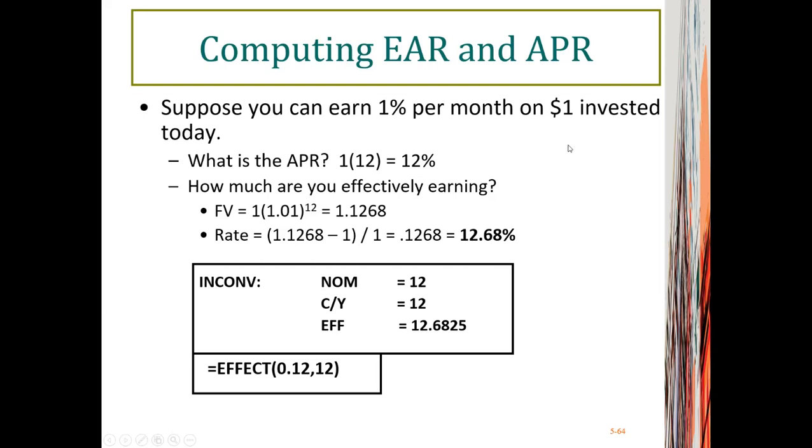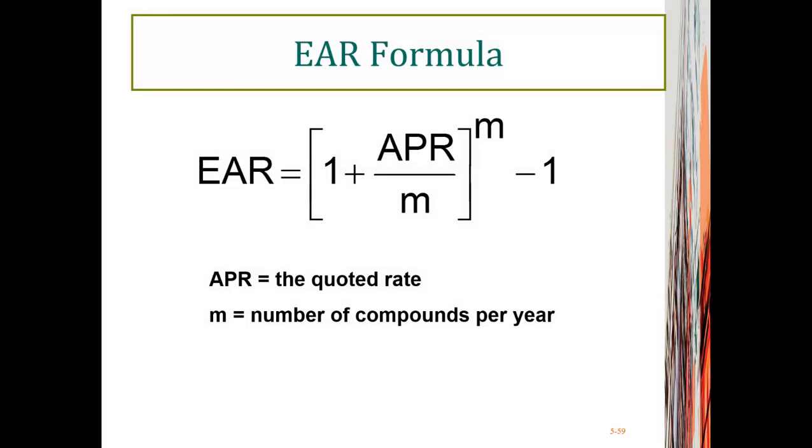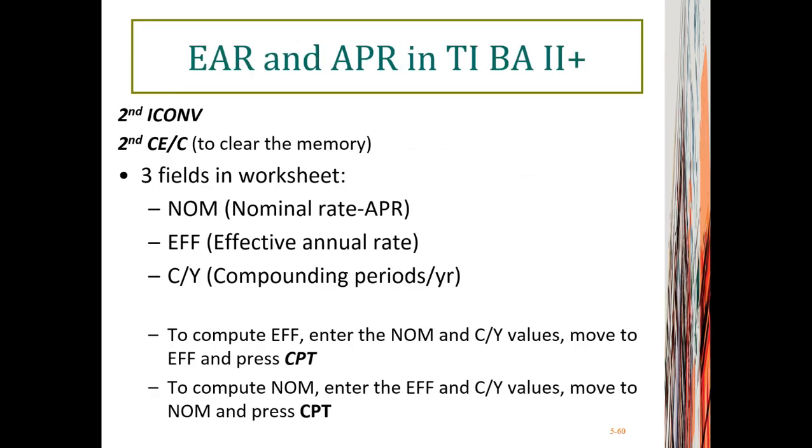Here's a demonstration using a calculator to figure out EAR and APR, but I think it's not necessary, and the formula is a very straightforward way for you to figure out EAR based on APR or APR based on EAR.